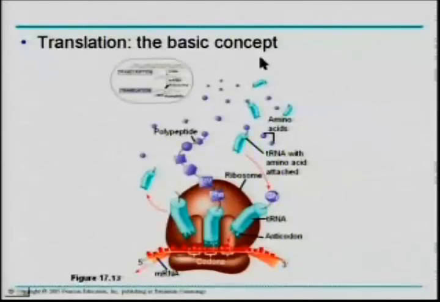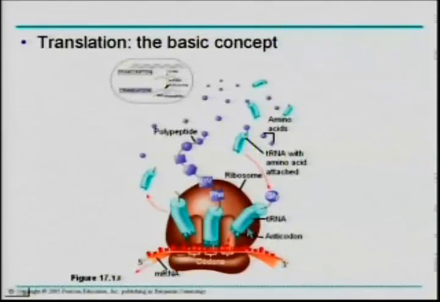So the translation, the basic concept is shown here. And what we see is the ribosome in brown and the transfer RNAs that in the cytoplasm will pick up amino acids. There's very specific interaction of a particular tRNA with a particular amino acid. There is no redundancy or very little redundancy for these. Actually, no, there is no redundancy.